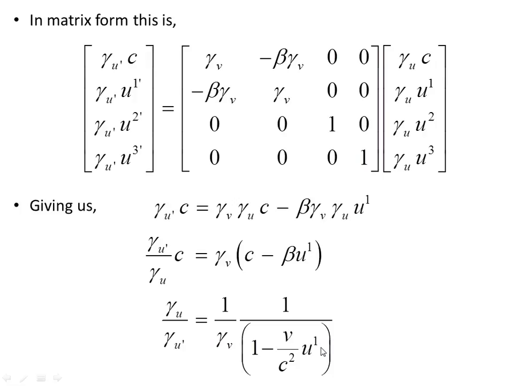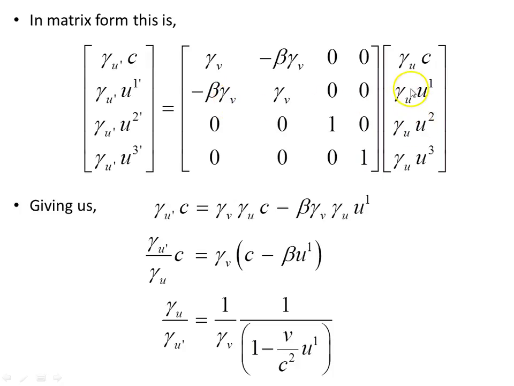In matrix form, this is, okay, here's the observer in S, here's the observer in S prime, and then the observer in S prime is moving with velocity v relative to the observer in S. Hence the transformation is subscript v, because the two frames are moving relative to each other with speed v.